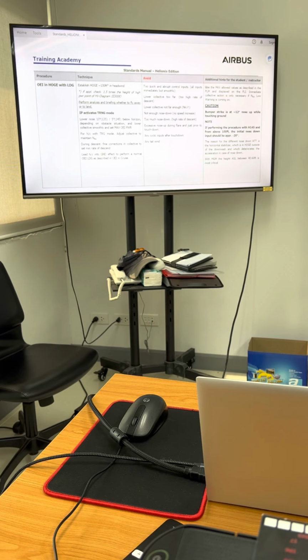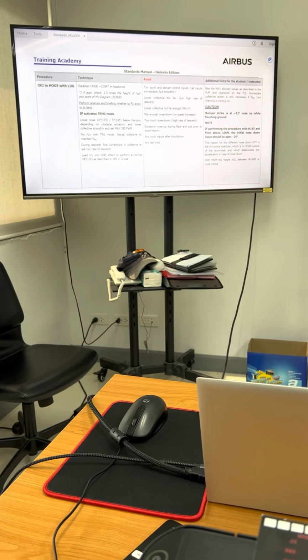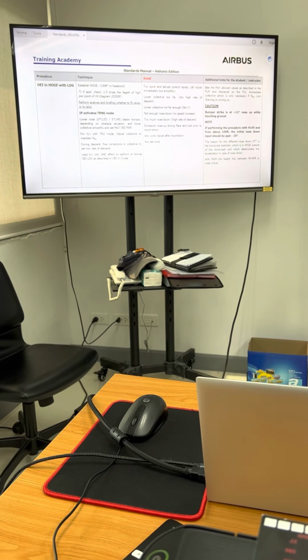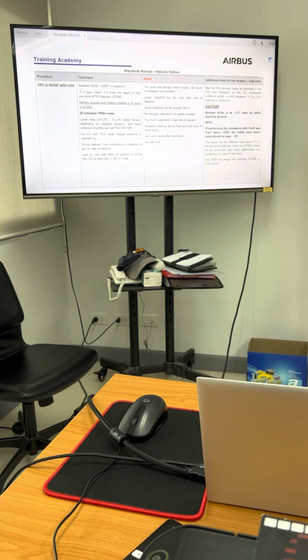So lower nose 10 degrees below horizon depending on obstacle situation, and lower collective smoothly and set max OEI power. So I explained the objective is to join the path and to land. Okay, so nose down up to reach the hovering altitude, the descent altitude, and with the power manage my rate of descent, looking outside for my ground speed and inside for my rate of descent, okay?